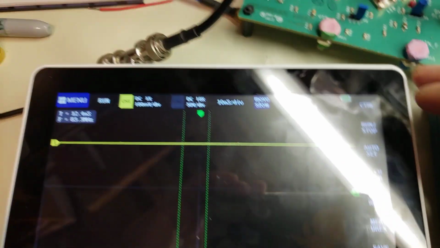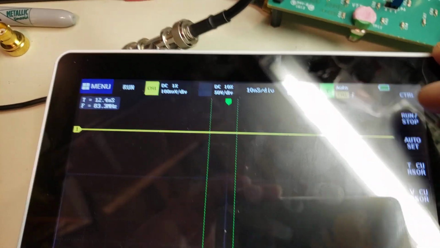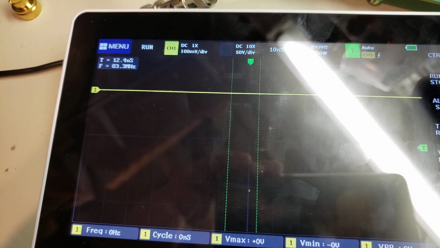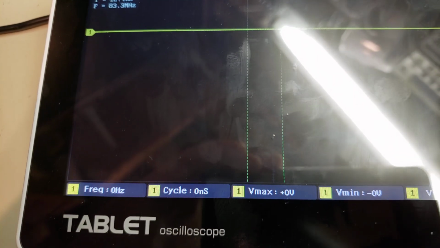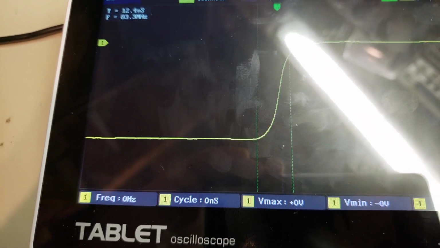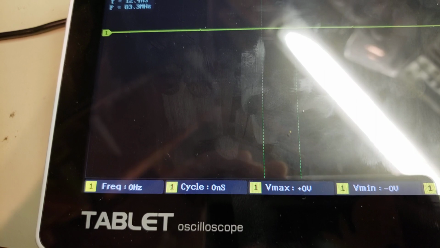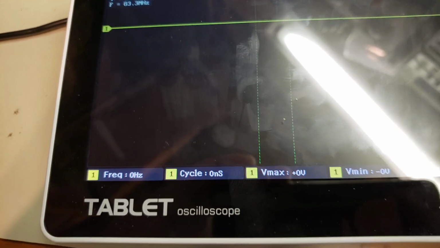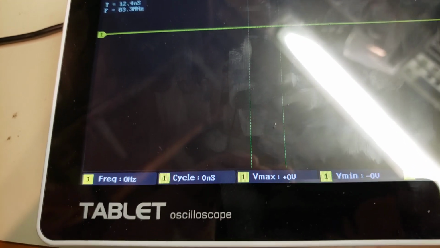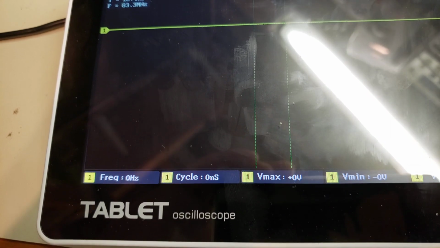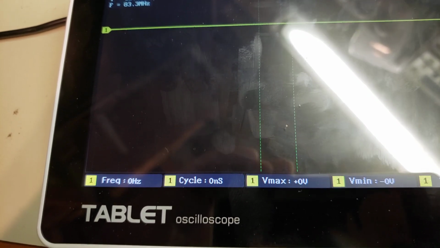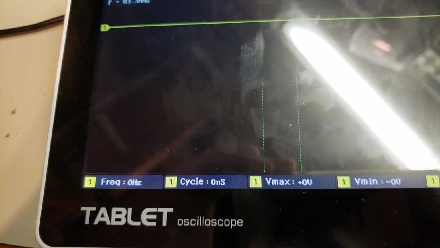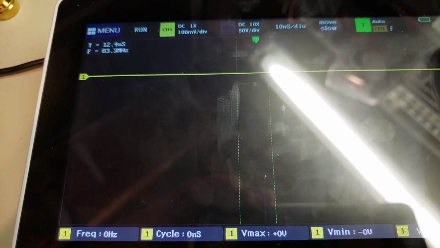I'm gonna try to catch one of the pulses. Again, this is not super normal. Maybe I'm doing something wrong. Anyways, let's see if I can catch one of the pulses.